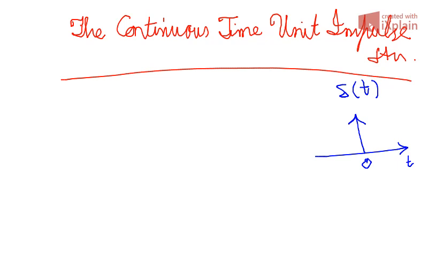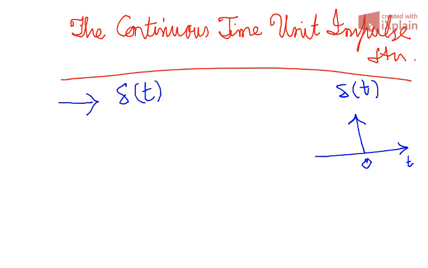I'll discuss how we get this graphical representation, because this delta of t is a very important function. It's just like the building blocks of all the signals. You would see all the signals are made up of this delta function, the unit impulse function.